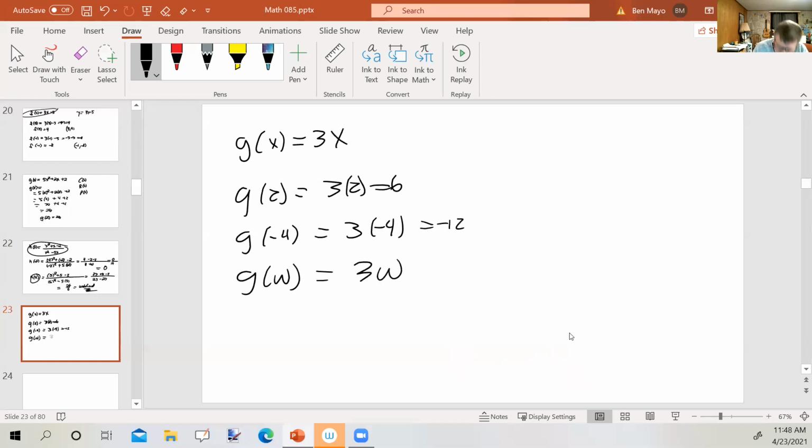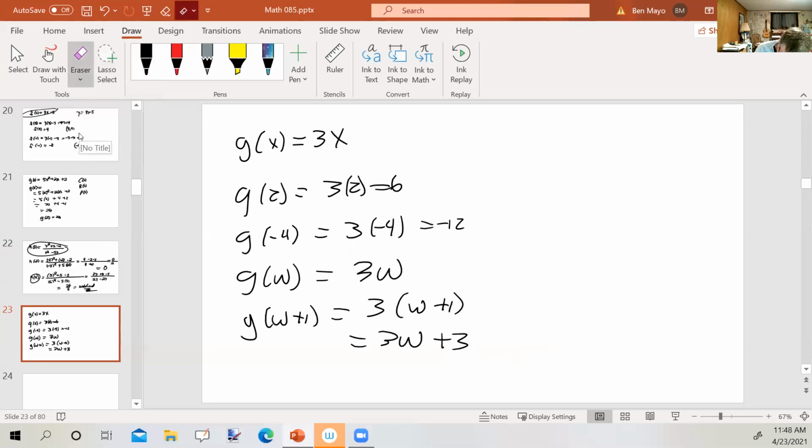Well, that would just be 3w, because you'd take the w, the thing that's inside the parentheses, and replace x on the left or the right side of the equation. What about G of w plus 1? Well, you'd have 3 times the quantity w plus 1, which would be 3w plus 3 after we distribute.